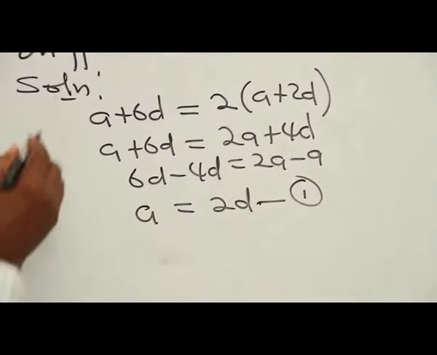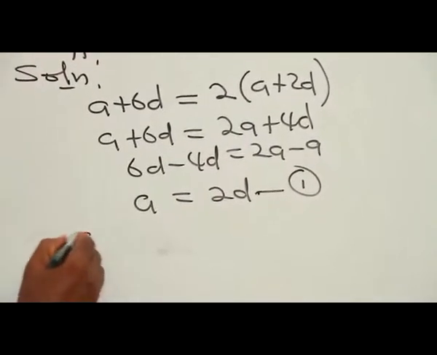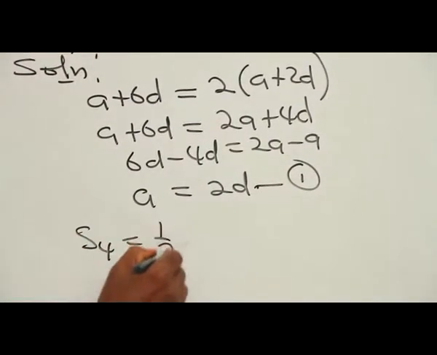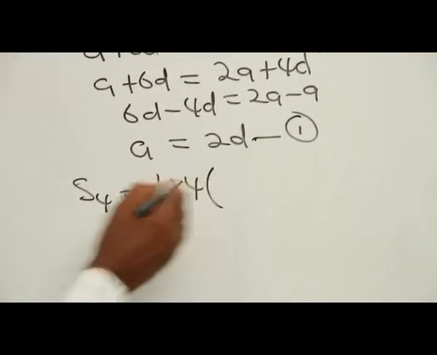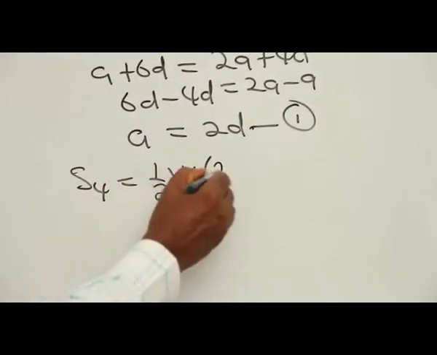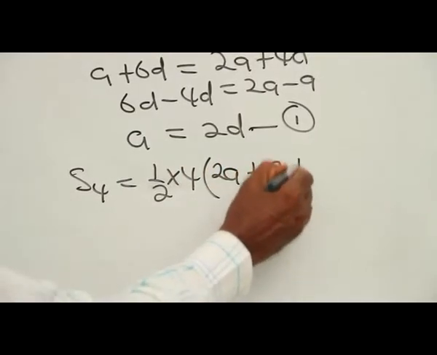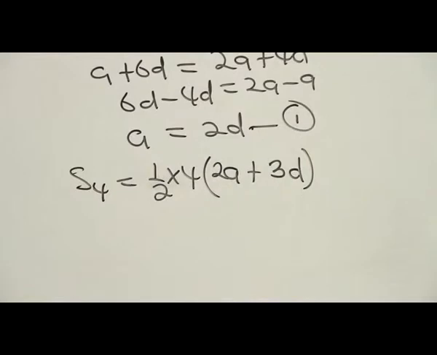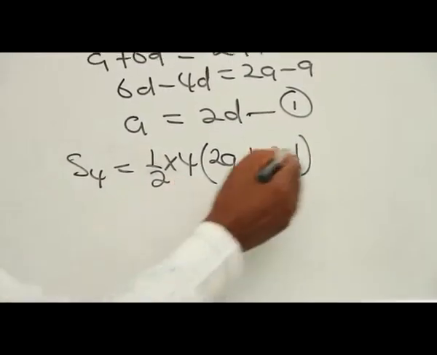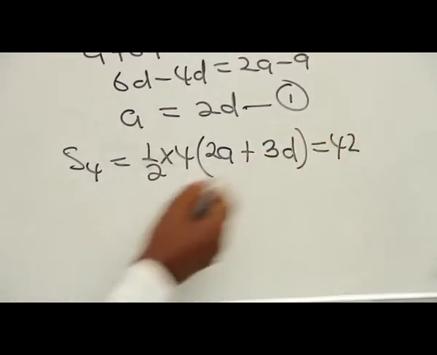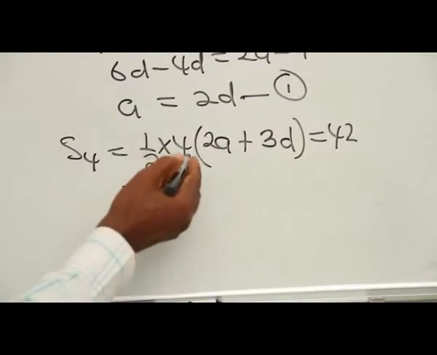And he went further to say that the sum of the first 4 terms, S4, is equal to half times 4 into 2a plus n, which is 4, minus 1, which is 3, times d. And they said the sum of the first 4 terms is equal to 42. You will simplify this.